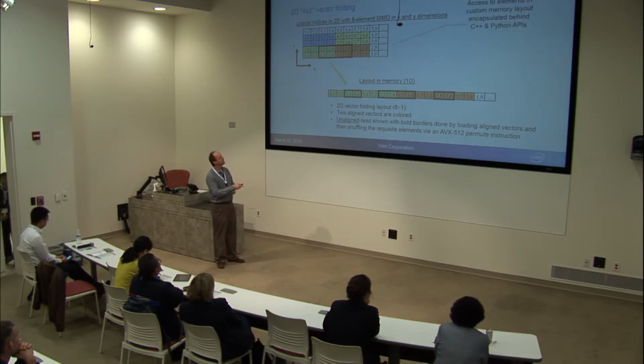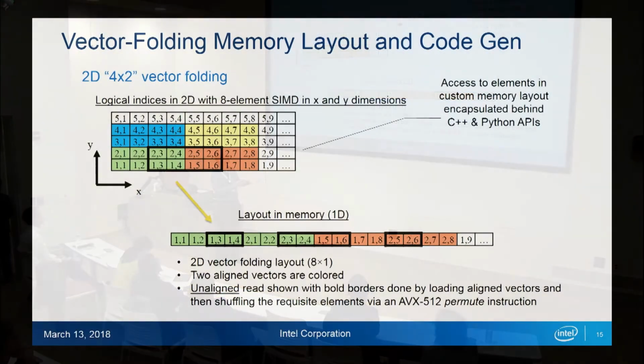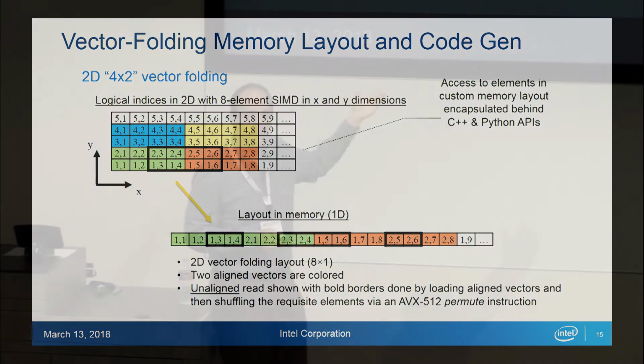The good thing is that YASK encapsulates that behind a class, so you can still just access your grid points, read and write them as you would a normal array through an API. The second difficulty is that now if we want to do an unaligned load, or something analogous to an unaligned load, we can no longer just use the hardware for that.